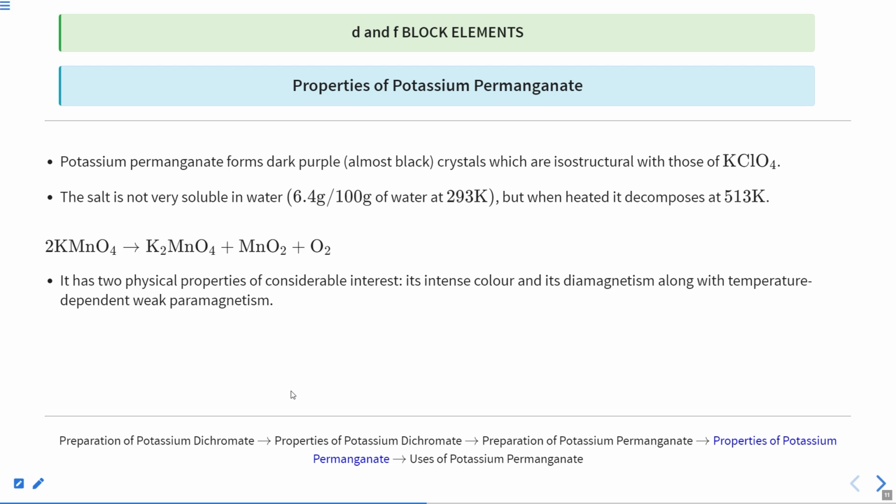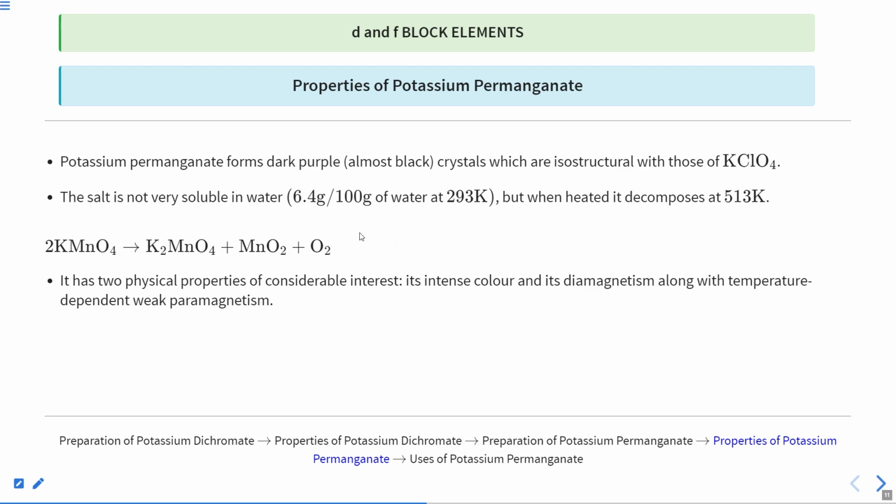If I talk about the appearance of potassium permanganate, it forms dark purple crystals which are isostructural with KClO4. If you remember the structure of KClO4, it is tetrahedral. The same structure is adopted by MnO4 minus.